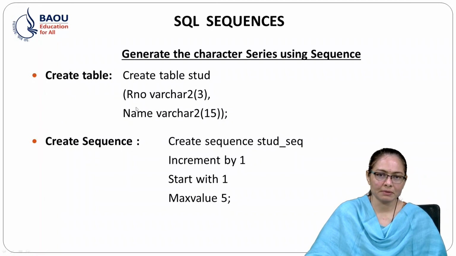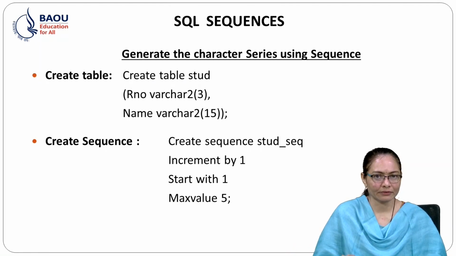See, remember this. Roll number is a varchar 2, not a number, because we use it to generate the character series using the sequence. So, the roll number is a varchar 2. We input the value in the roll number in character form.